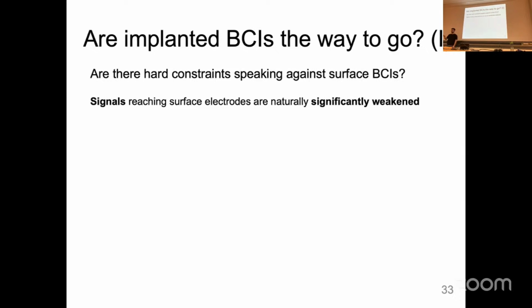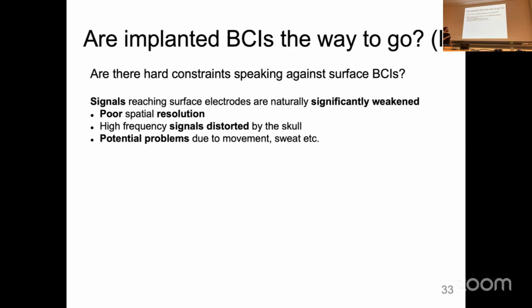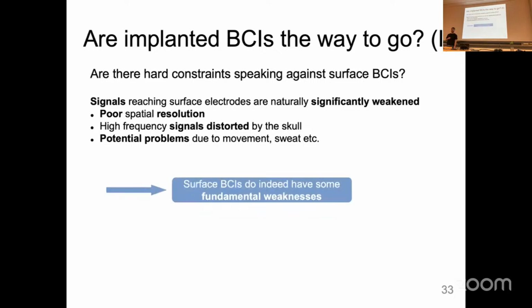There's always some threshold where data just isn't high quality anymore on the surface. So you have poor spatial resolution, especially high frequency signals are distorted by the skull. And you also have potential problems due to movement, sweat, etc. So yes, there are indeed some fundamental weaknesses to surface BCIs.